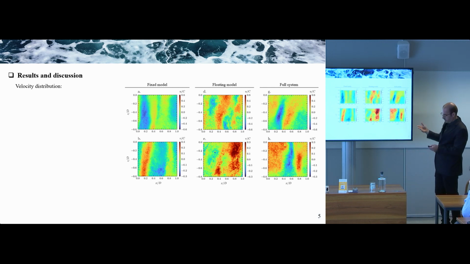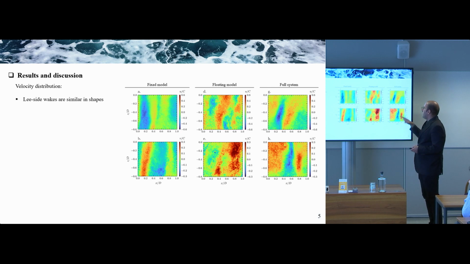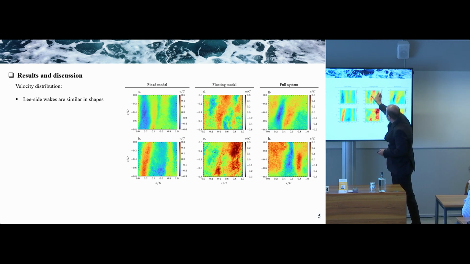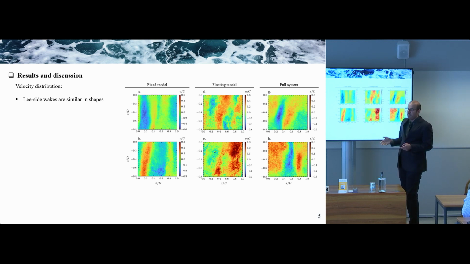If we look through these results, we can see that some lee-side wakes are present. You just need to consider that as a circulation zone, and we have them in all three configurations. So the behavior does not change when you increase the dynamic complexity.